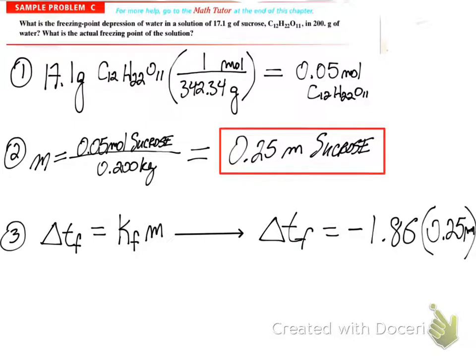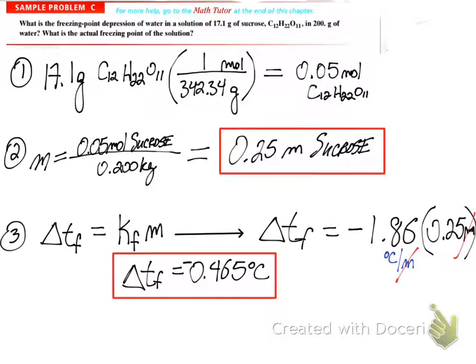So when we put in our givens, the freezing point constant, which will be provided for you on the test, is negative 1.86, and multiply that by the molality we computed in step 2, we come away with a change in temperature of 0.465 degrees Celsius. You notice in the math over here, I showed you that when you do the math out, molality gets canceled out, and we're left in the numerator with degrees Celsius, which is what we want. So that's actually the change in temperature.